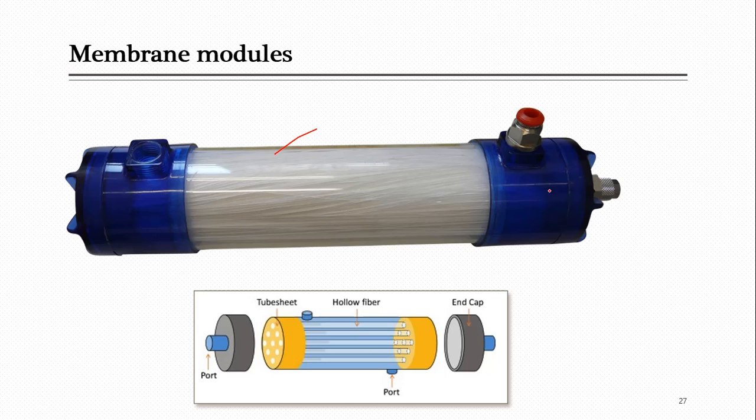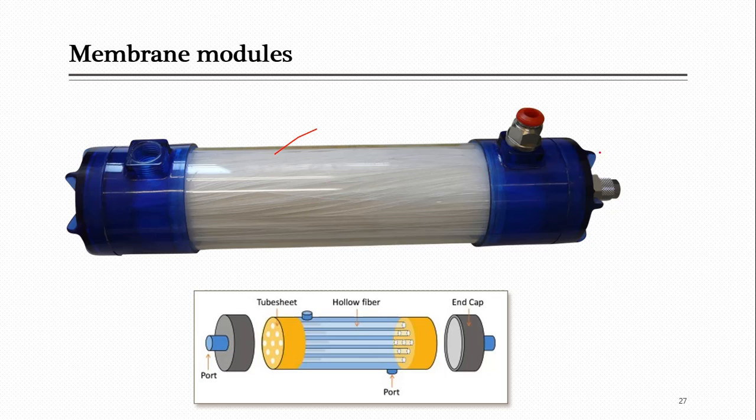Overall you can see that on one end there is one hole, from here feed will enter, and here the feed is entering on the shell side. So it will keep passing through this structure. Those components which can permeate through these hollow fibers will be collected inside.